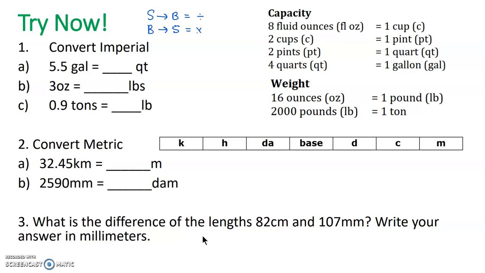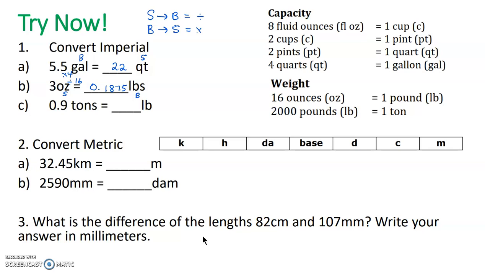Okay, so for number 1A, we're going from gallons to quarts. So we're going from big to small. So we're going to be multiplying, and we're going to be multiplying by 4. So the answer here is 22 quarts. For B, we're going from ounces to pounds, so we're going from small to big, so we're going to divide. 3 divided by 16 gives a decimal of 0.1875.